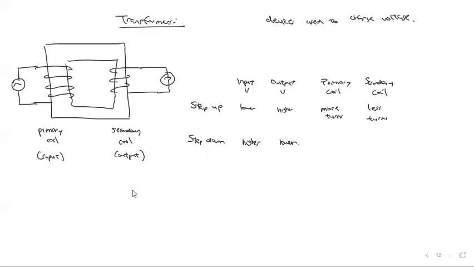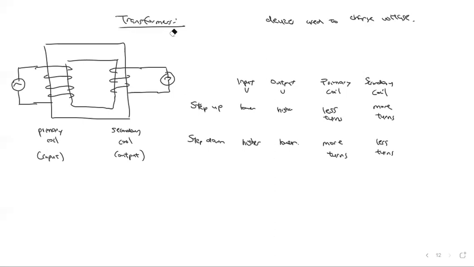My mistake there. For a step up, you want to have less turns in the primary coil, and the secondary will have more turns. Conversely, a step-down transformer will have more turns in the primary coil and less turns in the secondary coil.